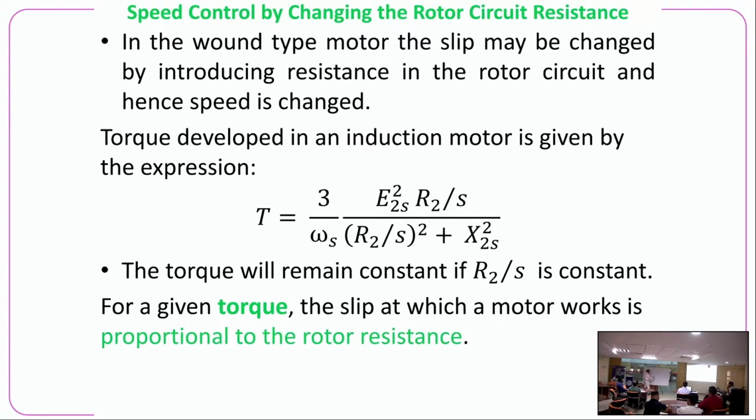Total impedance is the square root of (R1 plus R2 dash by S) square plus (X1 plus X2 dash) square. This I1 is substituted in here.